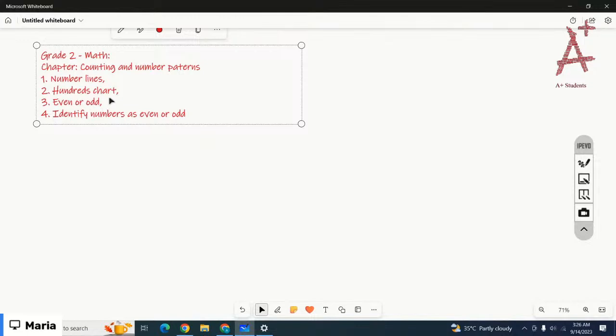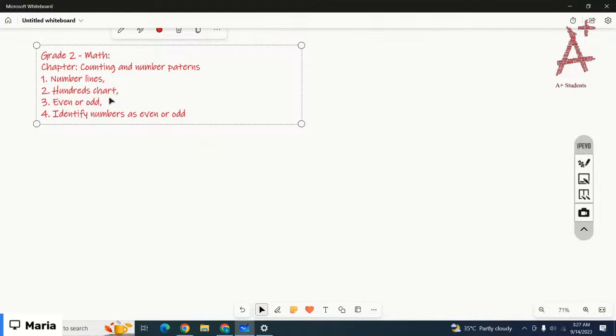You can note down the definitions, right? Okay, we're going to start with the lesson even or odd.